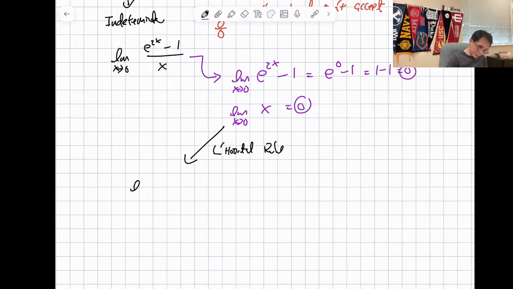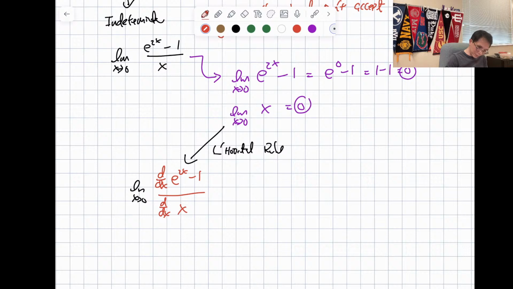I can do the limit as x approaches 0, and take the derivative of the top, e to the 2x minus 1, over the derivative of the bottom, x. So the limit as x approaches 0 is 2e to the 2x over 1. If I plug in, e to the 0 is 1, so 2 over 1, and the answer is 2.